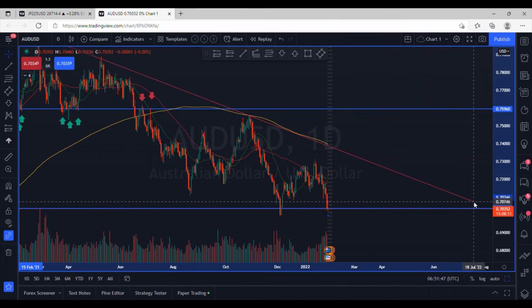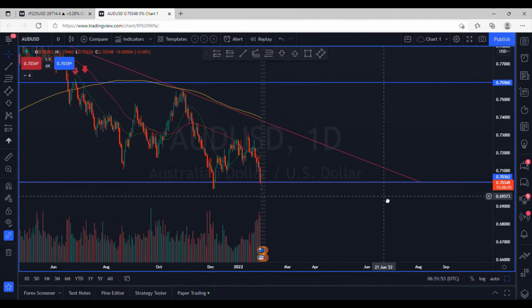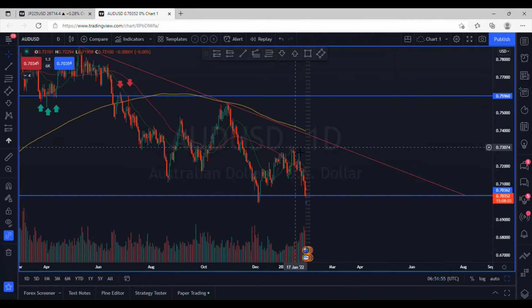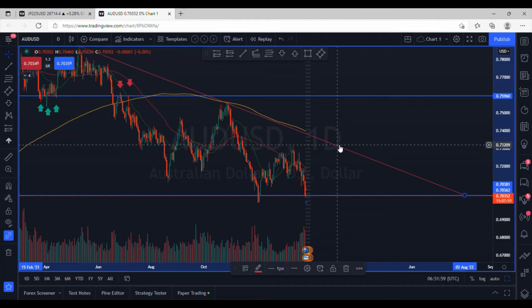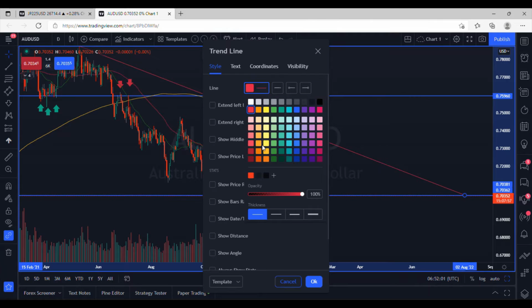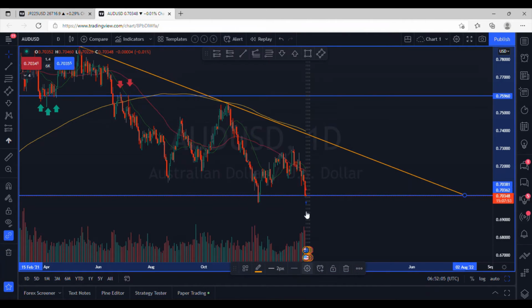So what I tend to do is I tend to create shapes with the support, resistance and trend lines. So what I mean by create shapes is we can quite clearly see we've made a triangle down here.